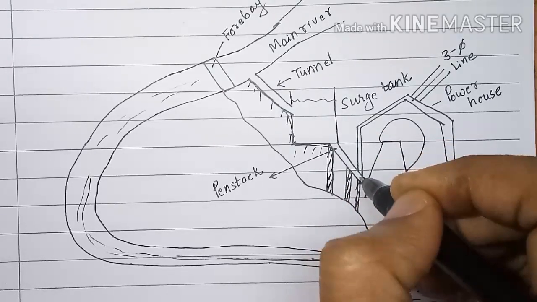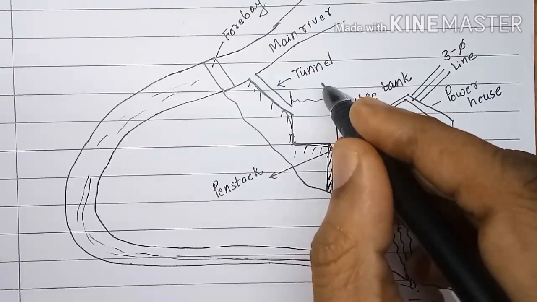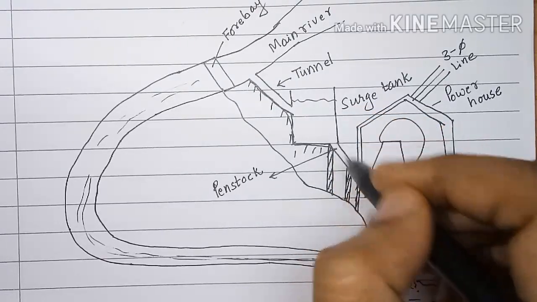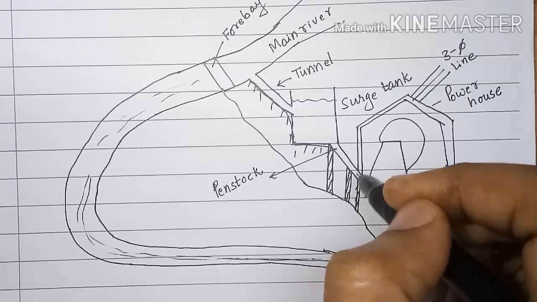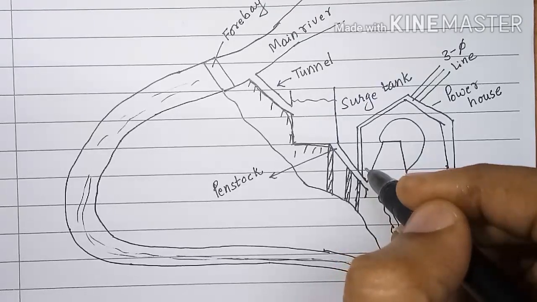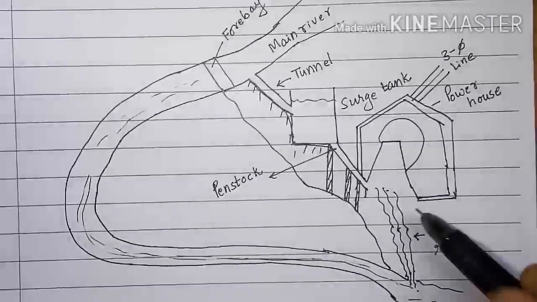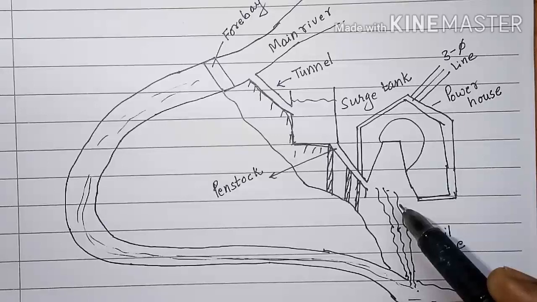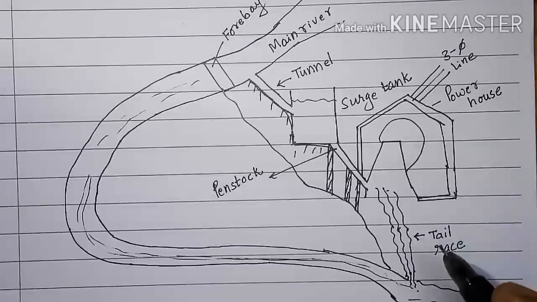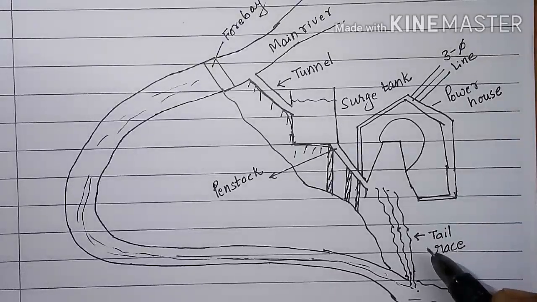When water flow all of a sudden reduces in the penstock, the water level in the surge tank will rise, and that will reduce the pressure and vibration in the penstock. So penstock will be safeguarded against water hammering. After the water flows out of the turbine, that gets into the same river, or if there are any other rivers, then into that river also this water may be discharged.